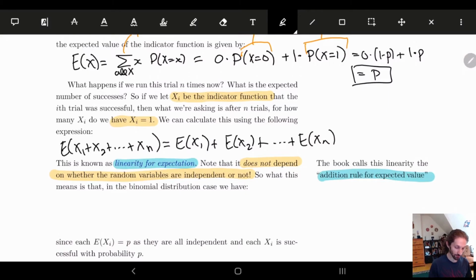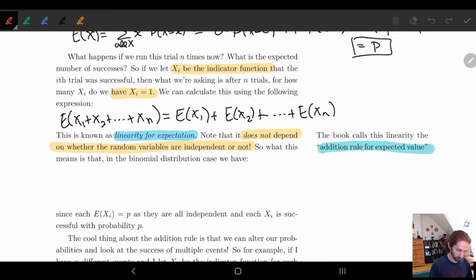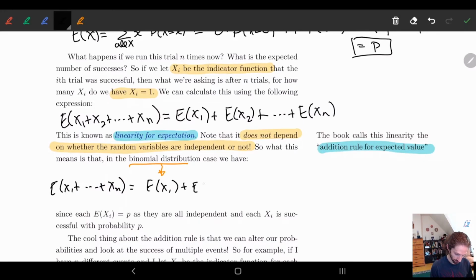So then what do we have for binomial? What happens? For binomial, I take my function, I take my expected value. I want to see what the expected value of all of these things are. Well, here I can just take the expected value of each one.